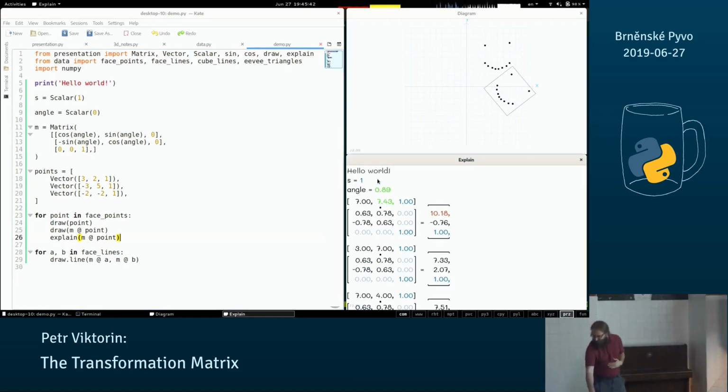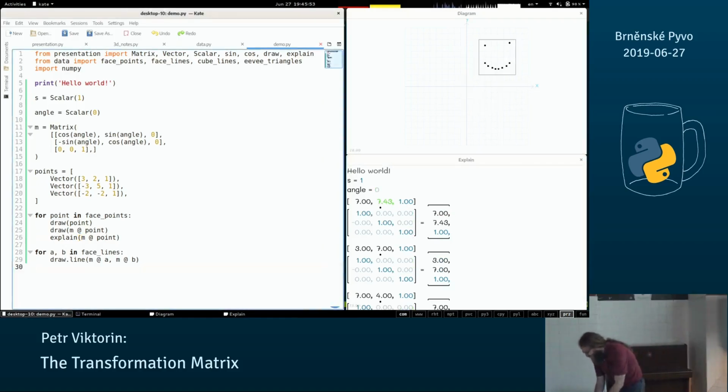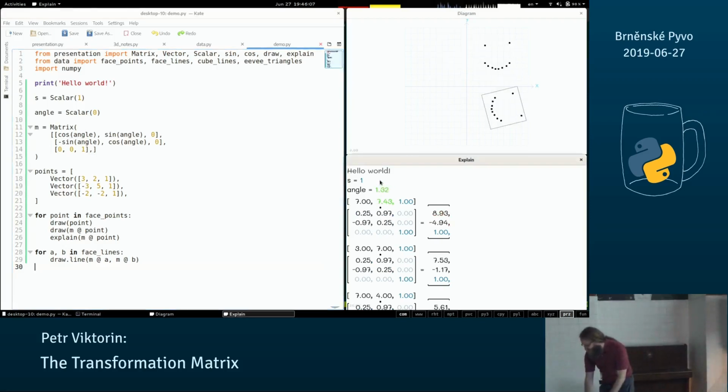Right? So it affects all of these numbers, and then of course you can move it around. Sorry, what was I trying to say? Yeah. So this rotation is always done around the origin, around the 0, 0 point.